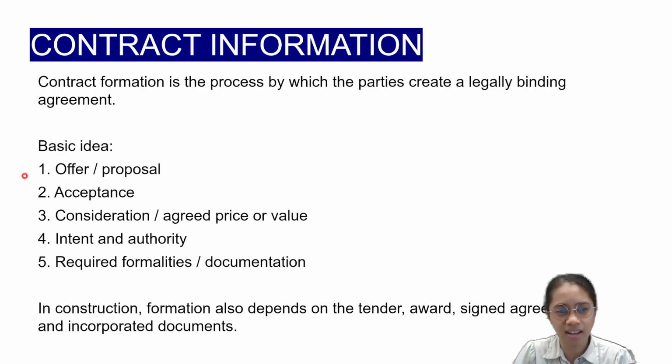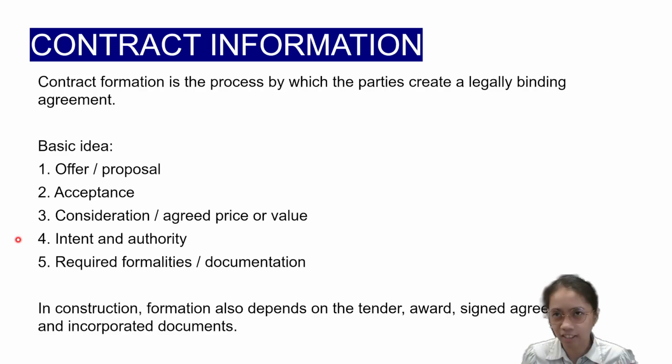So the basic idea is to provide an offer and proposal to be accepted by both parties, consideration, in case there will be a negotiation for the agreed price or the value or the scope that wants to be completed, intent and authority. When you are signing a contract, both parties should be in good faith.